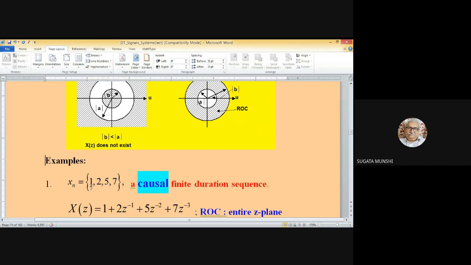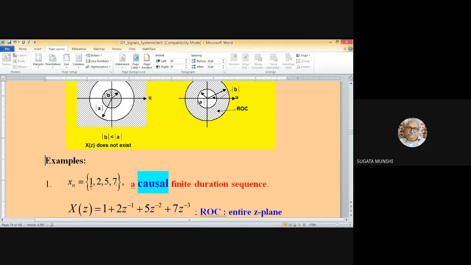According to the convention that I am following in such a representation of a sequence, wherever there is a vertical arrow, that sample is the sample value x0. Therefore, the next sample is the sample value x1. Next one is x2. Next one is x3.